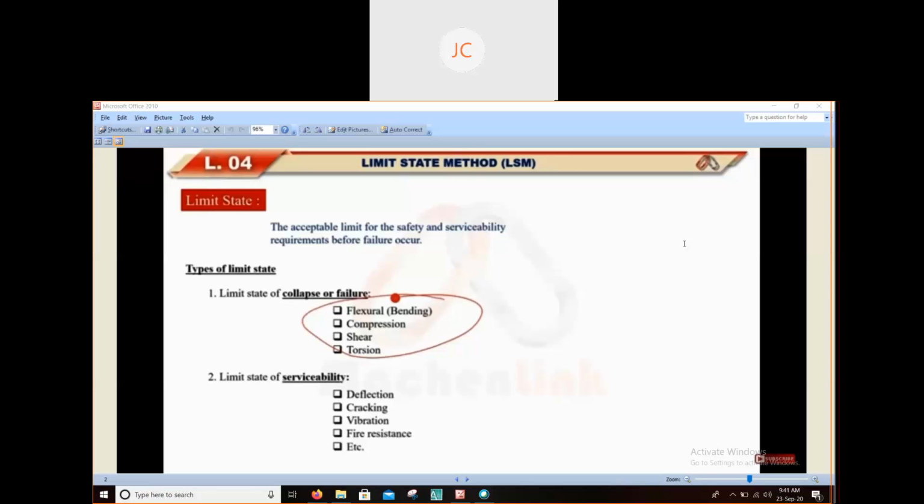Does anyone have any idea about limit state of collapse for shear? What do we have to do in the shear part?